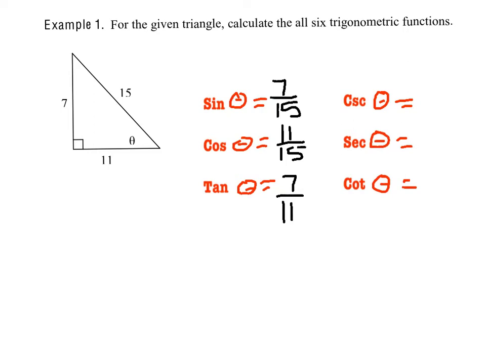Remember, reciprocal means you're just flipping the fraction. So that means the cosecant function is going to equal 15 over 7, since it goes with sine. Do the same thing for secant, flip cosine, so you will get 15 over 11. And then do the same thing for cotangent, so we'll get 11 over 7.